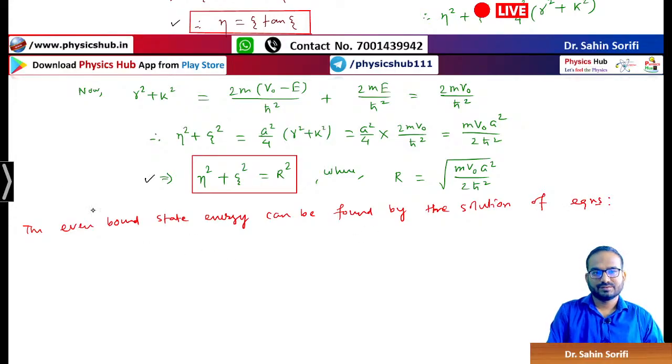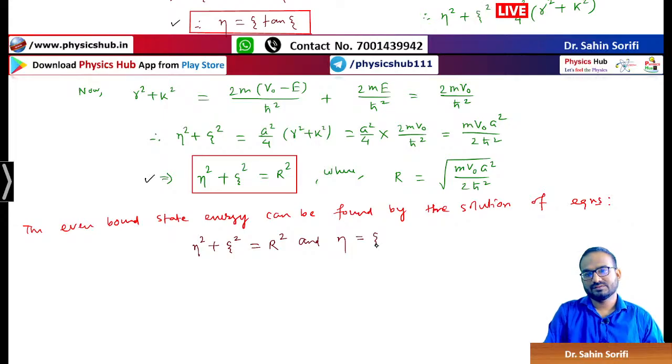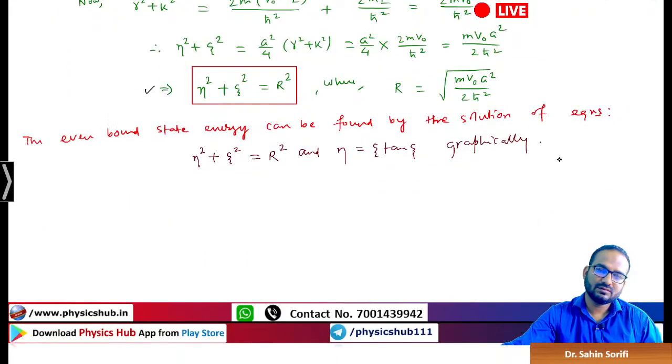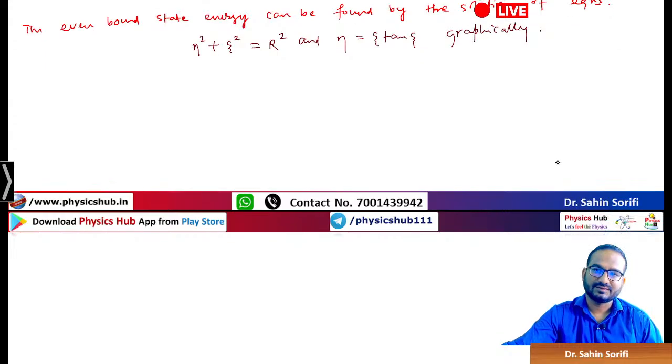Firstly, you see eta square plus xi square is equal to r square, where r is the square root of m v naught a square by 2 h cut square, and eta is equal to xi tan xi. How? Graphically. So how to find this solution graphically?